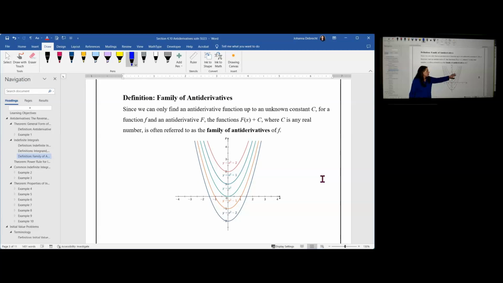In other words, x squared plus 2, x squared plus 1, x squared minus 1, and x squared minus 2 are all antiderivatives of 2x. Notice they're exactly the same shape, just shifted up and down. This gives us a family of antiderivatives, infinitely many, one for each real number as the constant.